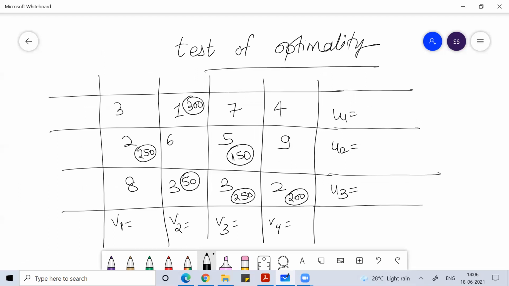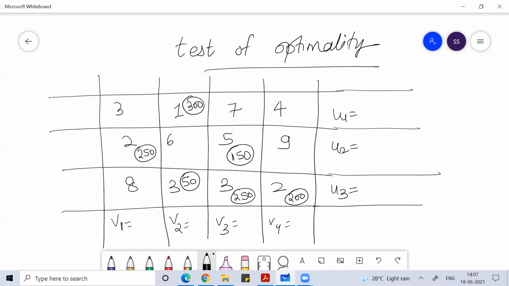If I do the test of optimality, for rows we write U1, U2, U3, and for columns we write V1, V2, V3. Then out of these rows and columns, see which row or column has the maximum allocation.